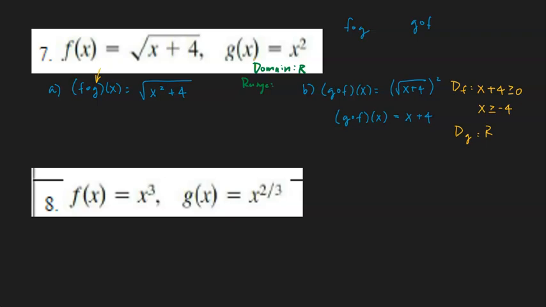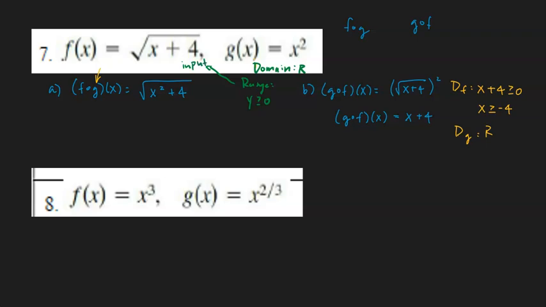The output of this function is going to be all positive and 0, right? Or you could write it as y is greater than or equal to 0. And that range is now going to be turned into the input.